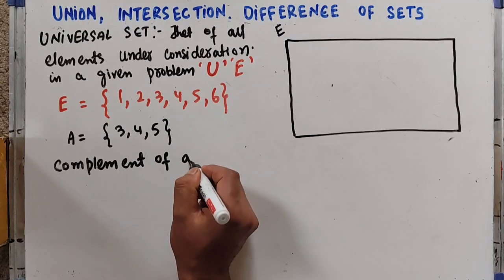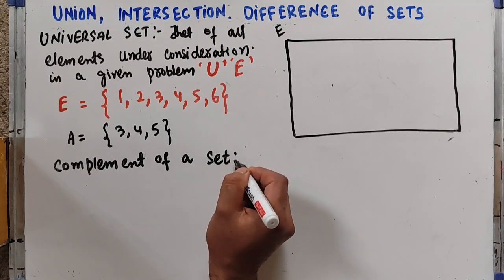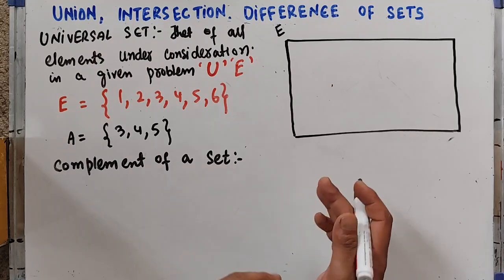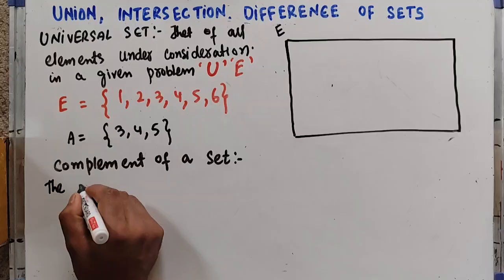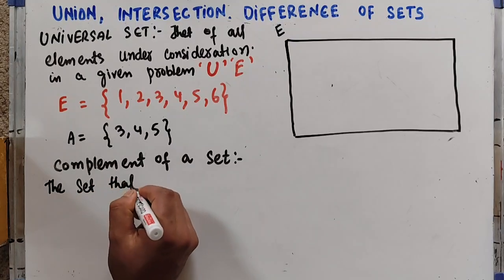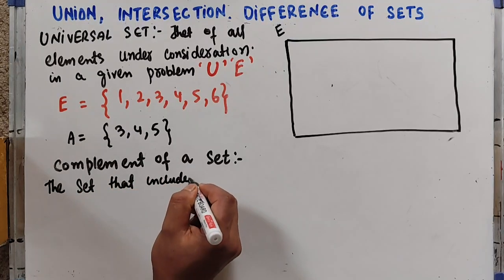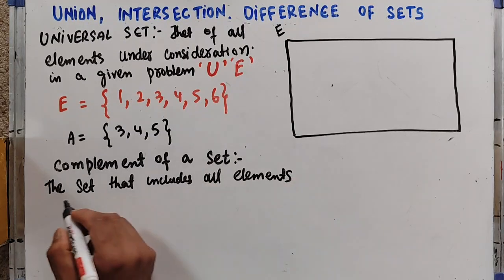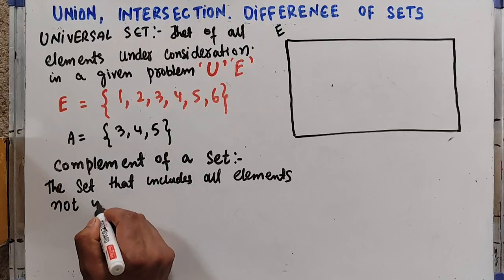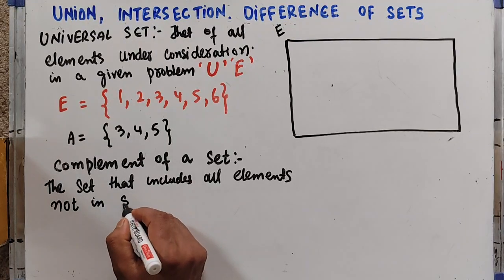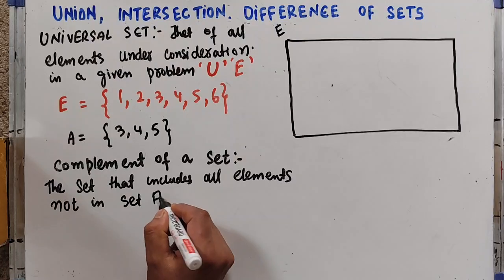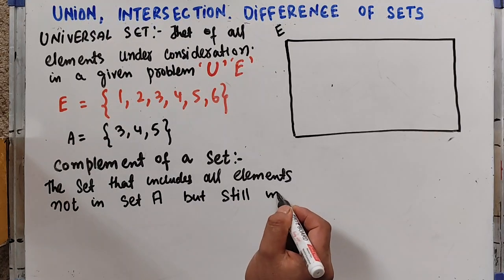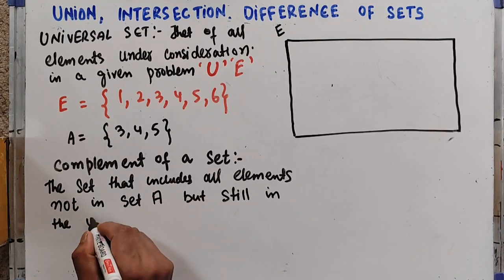By complement we mean the set that includes all elements which are not in set A but still lie in the universal set.